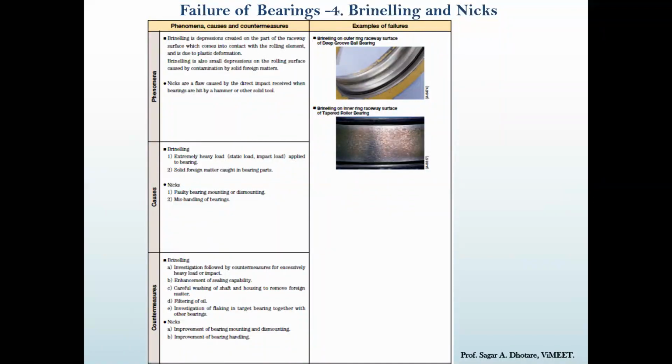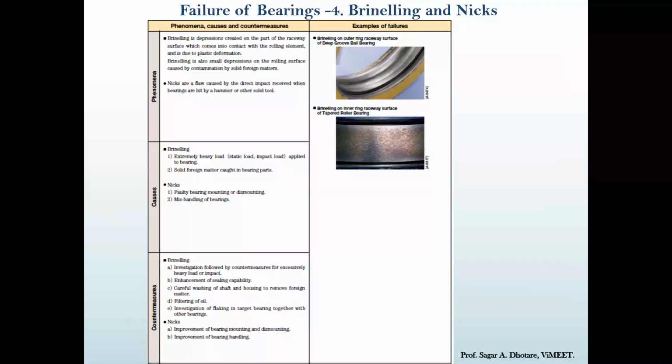It is also a small depression on the rolling surface caused by contamination by solid foreign particles. In figure number 2, you can properly see the brinelling failure or the effect of brinelling.